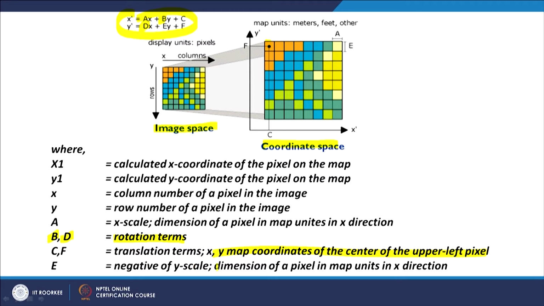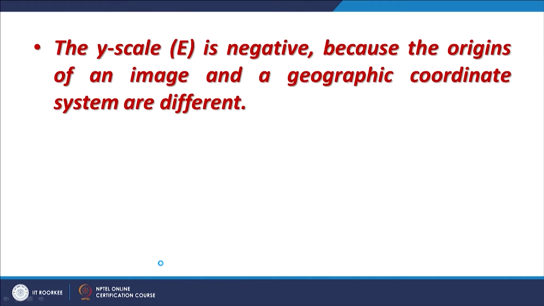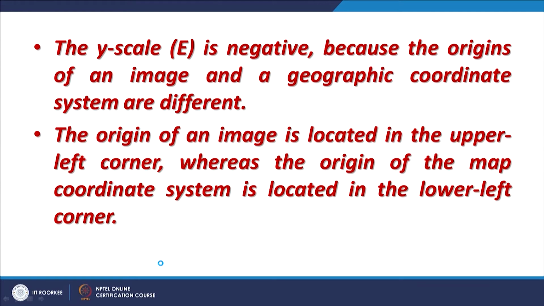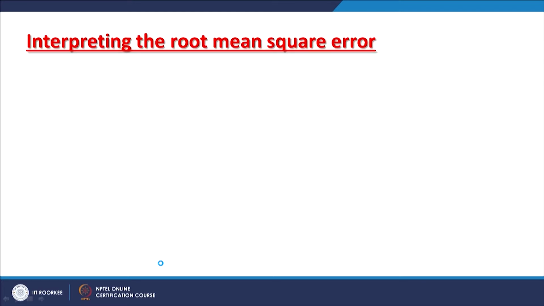That is why you have to change this by scale, and that is negative. So, E is negative, as I have already explained, because the origin of the image and a geographic coordinate system are different. The origin of the image is located in the upper left corner, whereas the origin of the map coordinate system is located in the lower left corner.